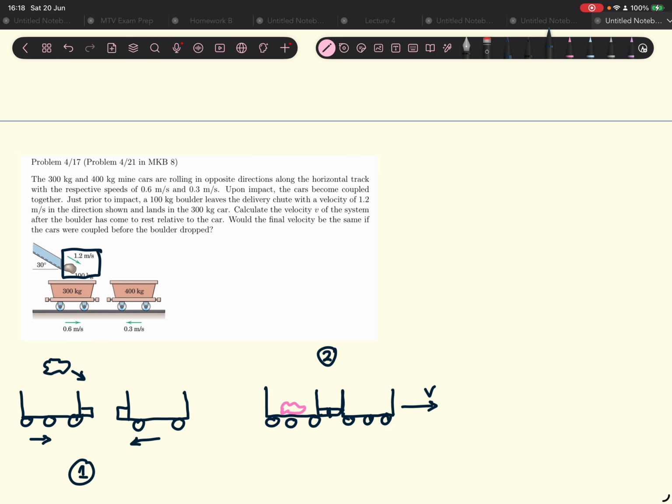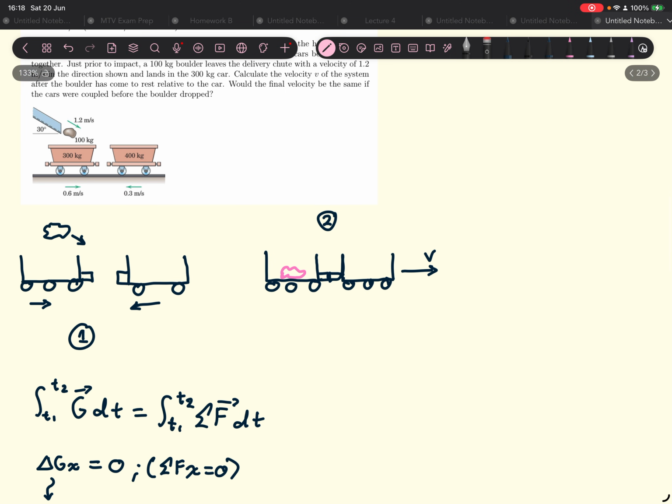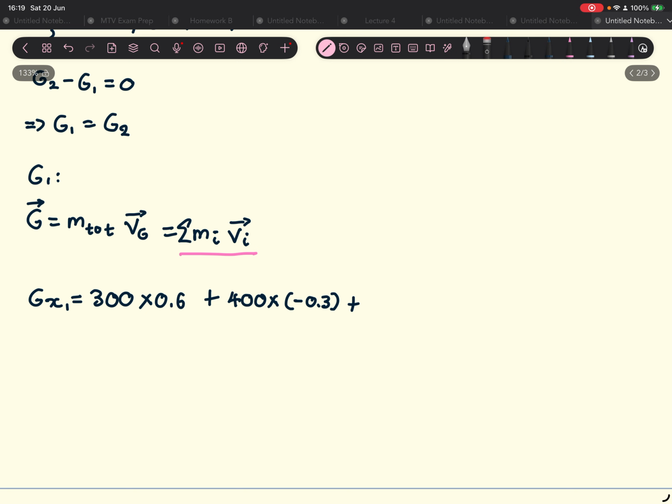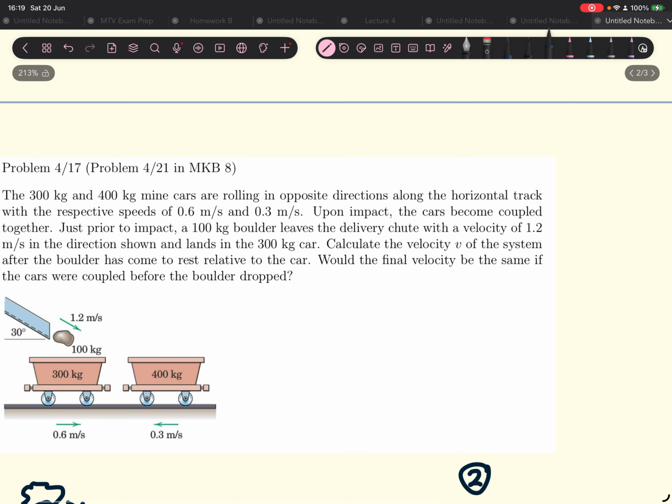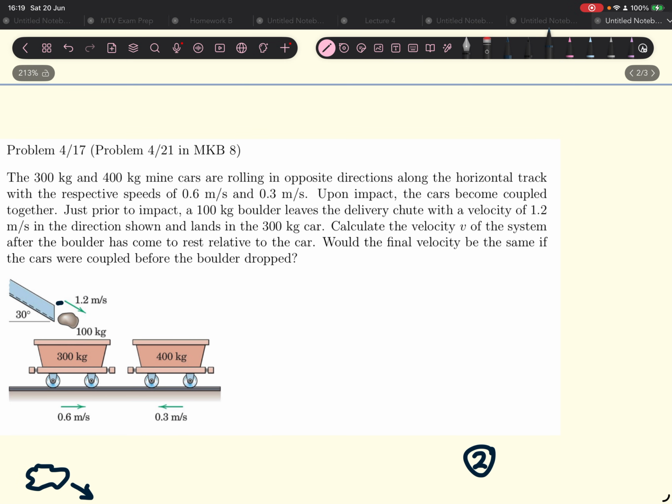the mass and velocity of the rock. So it's going to be 100 times, and then if I'm not mistaken, we're given this angle here to be 30. Yeah, so we're given this angle 30, and then opposite angles, meaning that angle there is also 30.